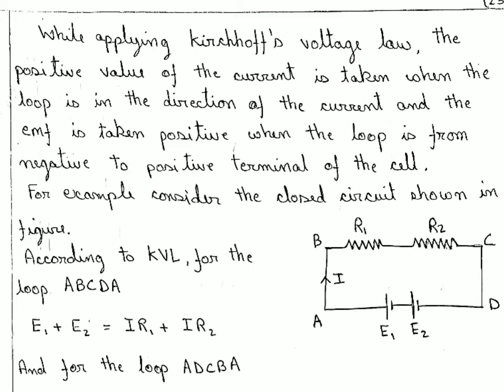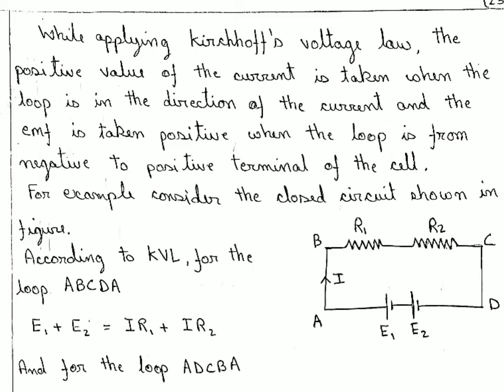Then we come to the current. Now the loop is from A to B, B to C, C to D, and D to A. The current is flowing in the same direction as the loop. You can see in the diagram the current flows from A to B, B to C, C to D, and D to A, and the loop is also in the same direction as that of the current.